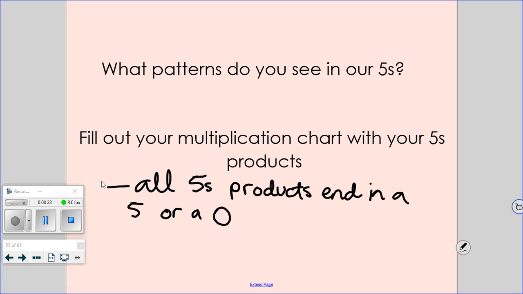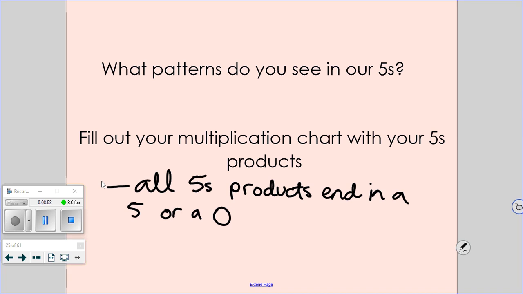What else do we see? What other pattern do we got? Kylie? Also counting by 10s in one row. Okay, but we're not counting by 10s, we're counting by 5s. No, like, after you count 5, 10, 15, after you colored them all in, and after you colored them into a line, which is also counting by 10.